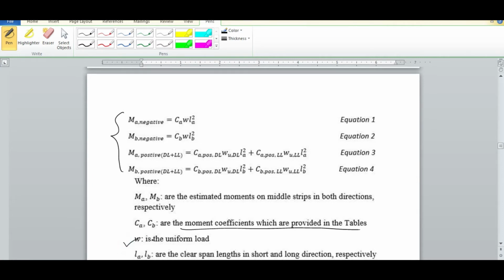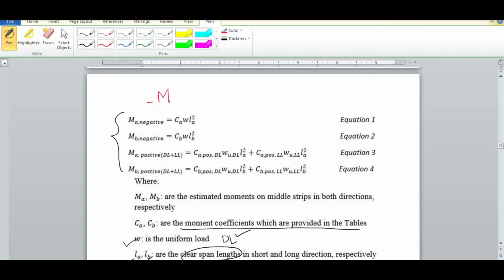W is the load given, dead load we can calculate, and live load is given generally, or we can assume according to suitable scenarios. Note one important point, LA and LB are the clear span lengths. That means these are not center to center lengths, these are clear span lengths.